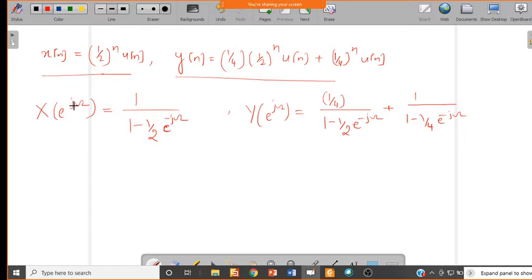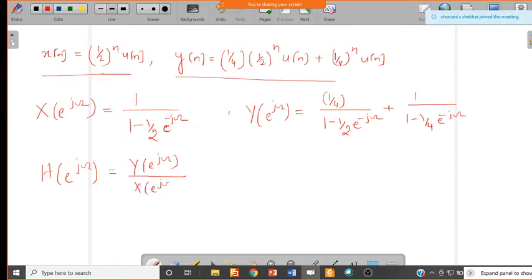Now this is the output and this is the input for which we have taken the DTFT. If you take the ratio, you will obtain the frequency response, that is H of e power j omega, which is given by Y of e power j omega divided by X of e power j omega.